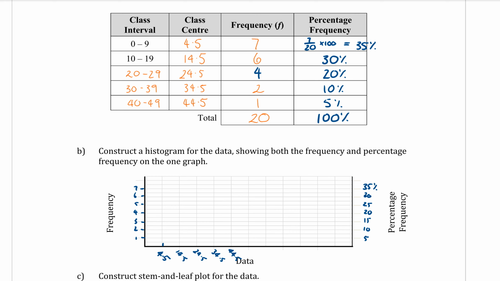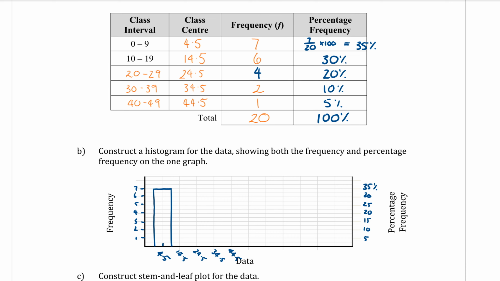So I'm going to go up here to 7, across the top, and down like that. Does that make sense? Ideally, you should use a ruler for this. If I see columns in a test that are really lopsided, then I have to deduct marks. So use a ruler, please, where you can.